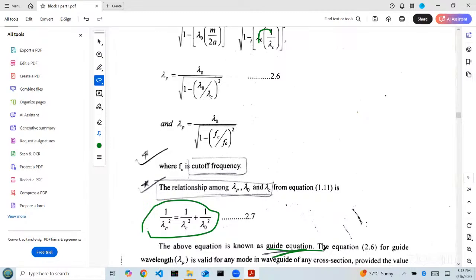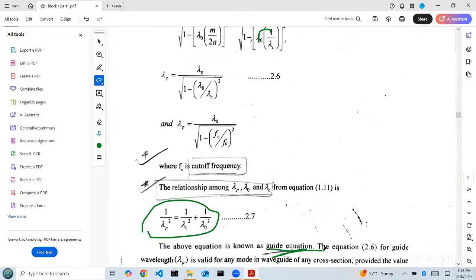Normal to the plate, we have to calculate lambda n, and calculate cos theta and lambda p. You will get one equation of lambda p. From that, calculate the frequency value. After calculating the frequency value, we have to calculate the propagation wavelength. Next, the relation between lambda p, lambda c and lambda naught. If we write it, what will we get? We will get the guide equation, the waveguide equation.